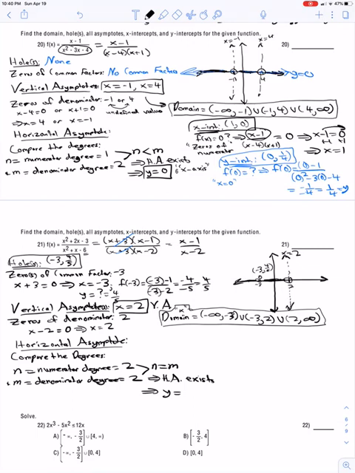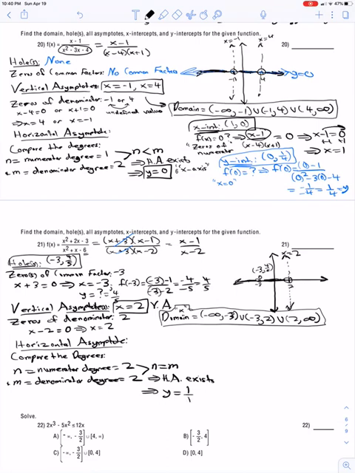When the degrees are the same, you're going to look at the leading coefficients. So find your leading coefficients in the example. We have a coefficient of 1 and 1.